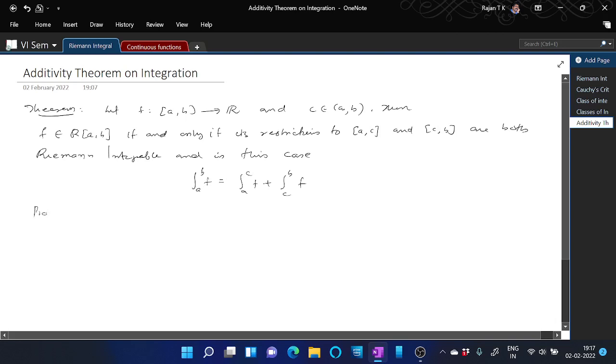So let us try to prove this result. First we prove the converse. That is, suppose the restrictions of f to [a,c] and [c,b] are both Riemann integrable. Then we have to prove the function f is Riemann integrable on [a,b].